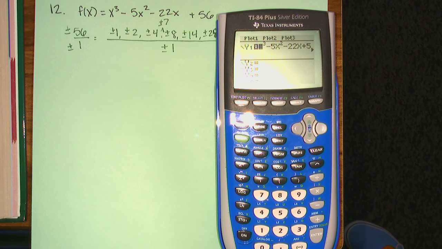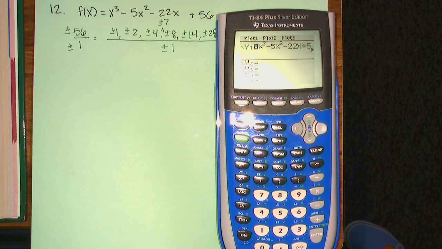Invalid dimensions. Oh, you have stat plots on. So if that happens, hit second and then y equals, and then your stat plots are on, and that means there's data in there. So it won't graph a line. So then just hit plots off, and then now it should do it.